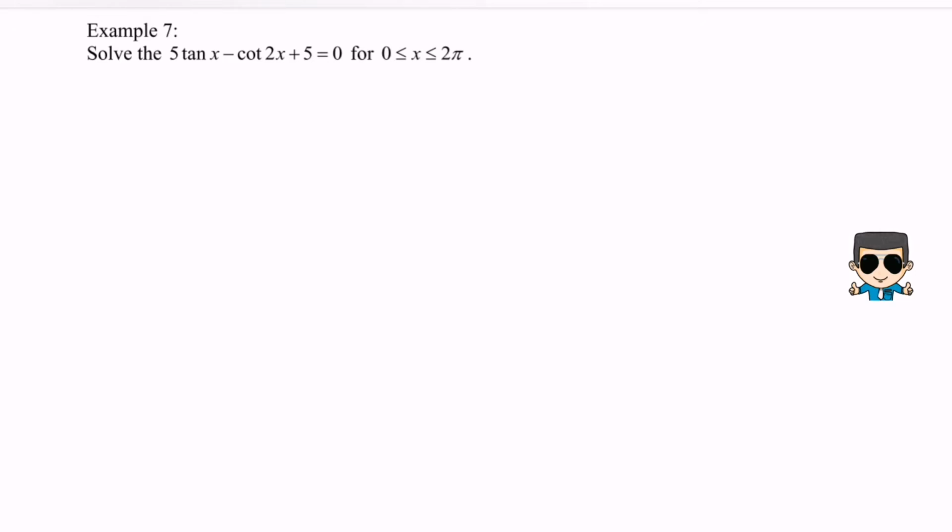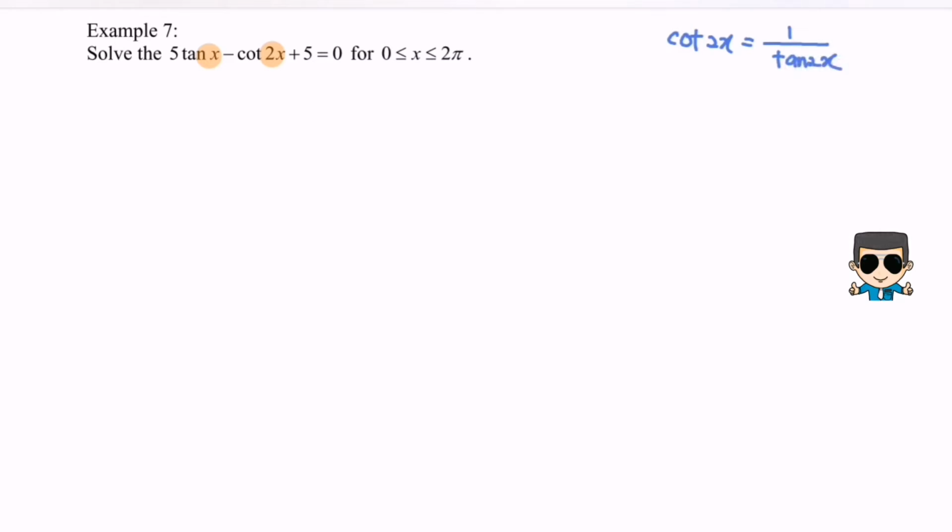So at first I'm going to convert the angle 2x to x. My suggestion would be by using the trigo ratio. As we all know, cot 2x is equal to 1 over tan 2x.